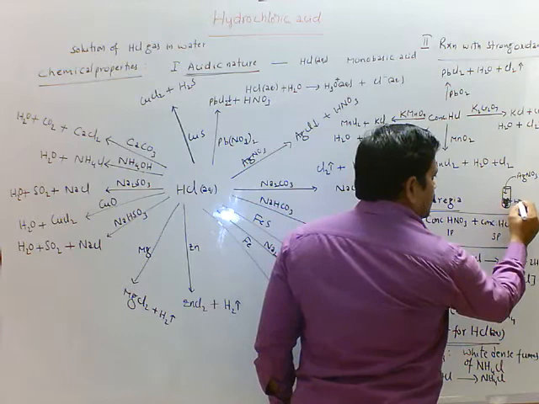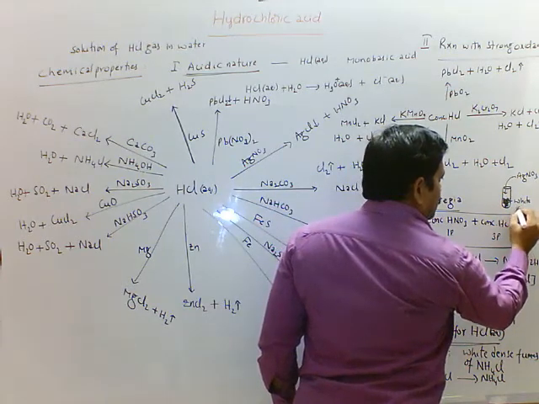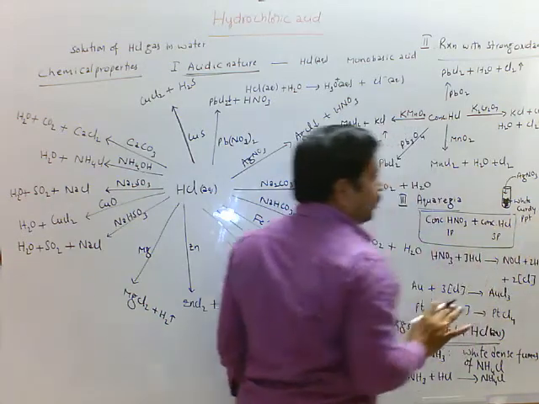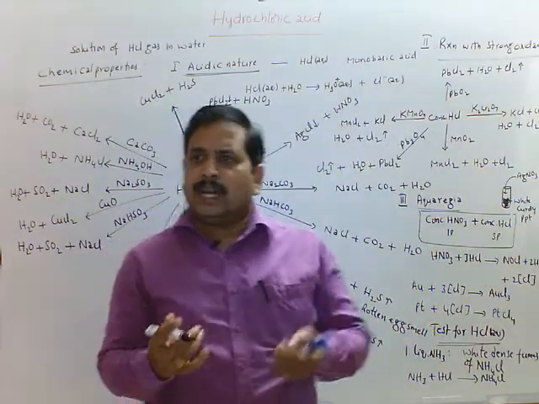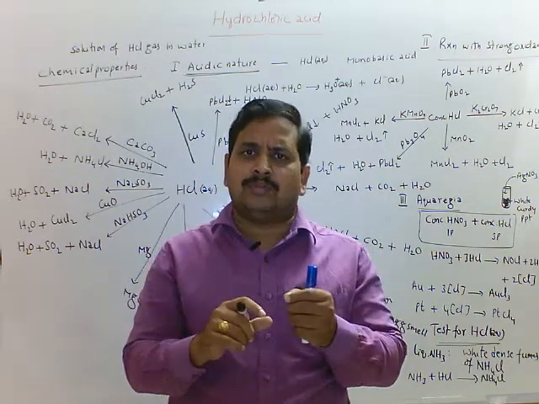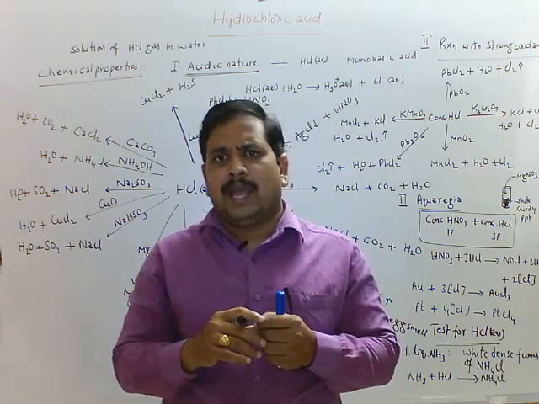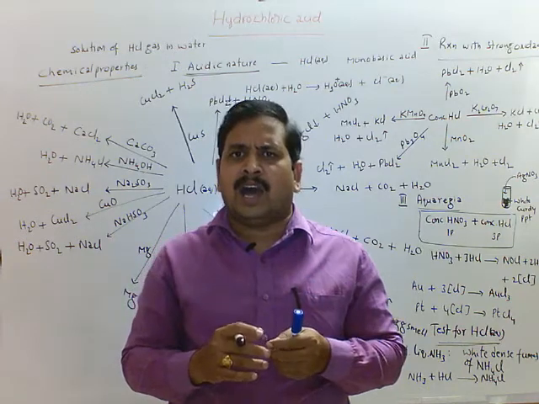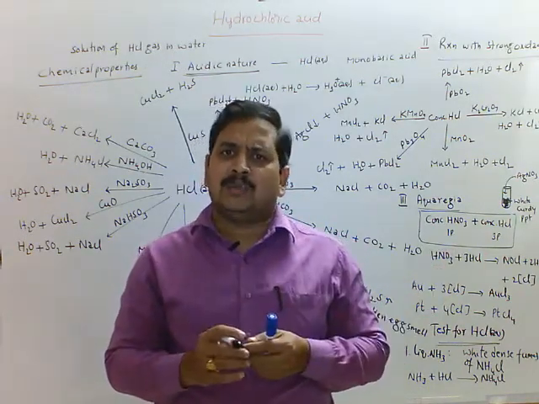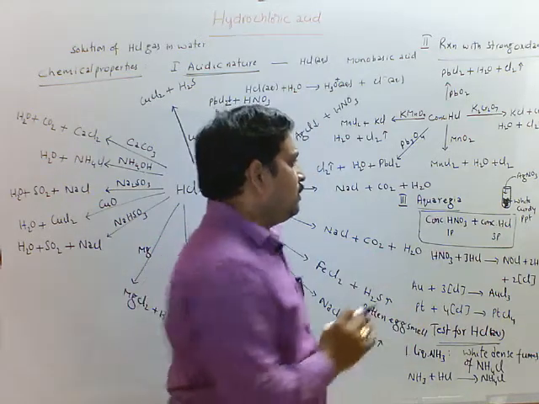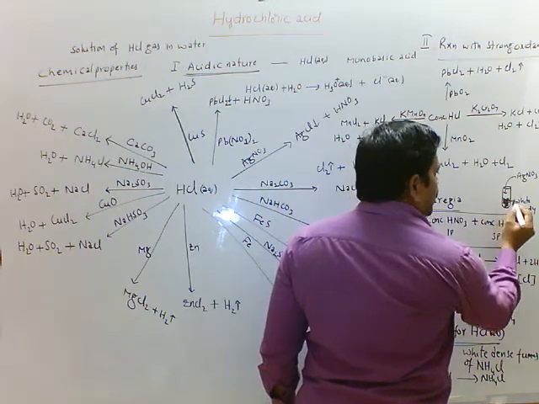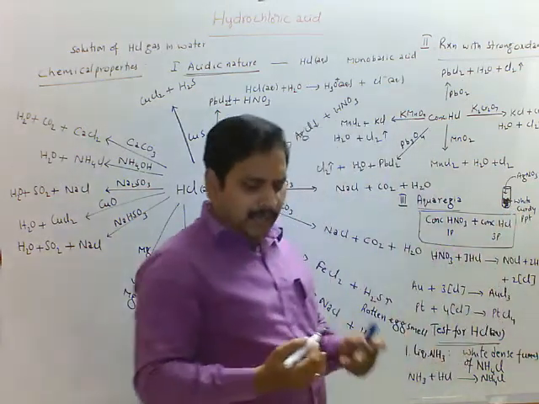To that precipitate I am again adding more ammonium hydroxide, that dissolves. And if I add water or dilute nitric acid, it is insoluble in those solutions. So this is test for hydrochloric acid.